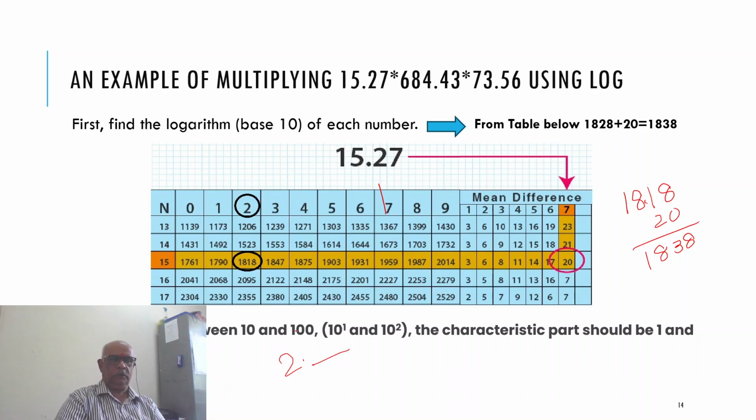If I keep going down, down, down, I'll be getting somewhere here at 68. Then you have got the additional term 4.